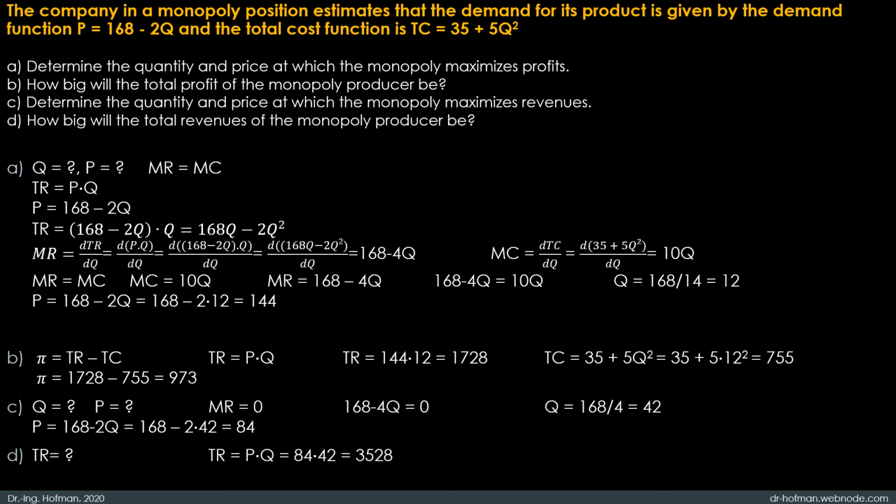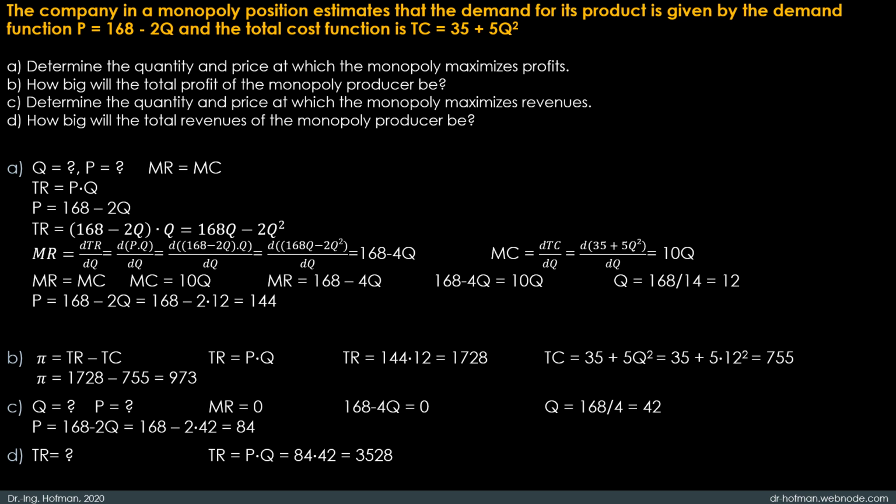If I set it equal to 0, I get Q as 168 over 4, which is 42. Quantity 42 is the quantity at which the monopoly maximizes sales or revenues.